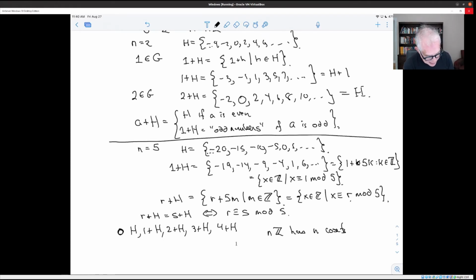But nZ has n cosets of the form a plus nZ, and those are equal if and only if a is congruent to b mod n. So the cosets are the congruence classes.